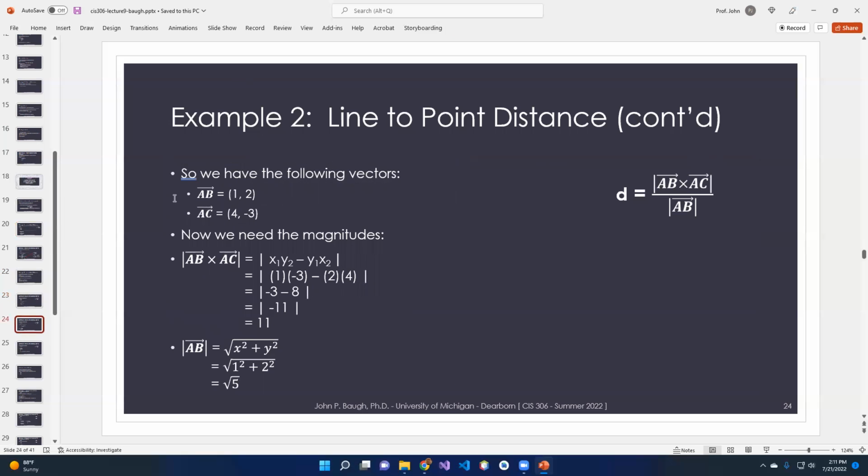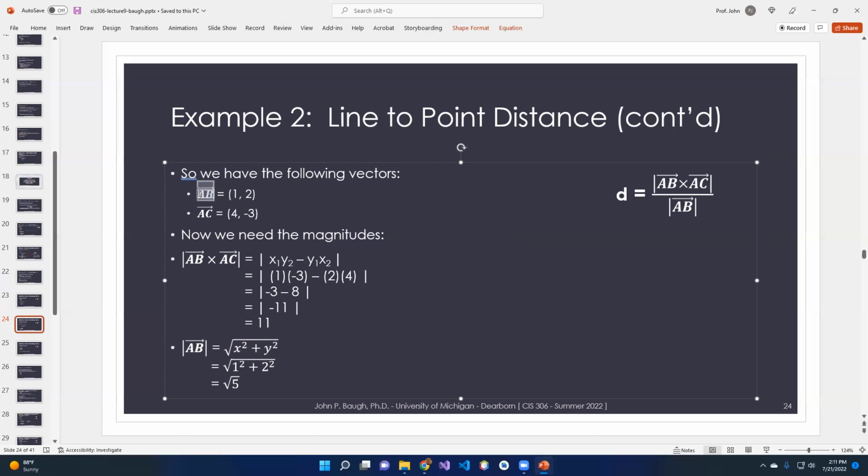And then we went on to say that once you have those, then you can start working with the formulas we learned for the magnitudes. So the easier of the two would be, of course, the magnitude of the single vector AB, and you just do Euclidean distance here, and that's √5.